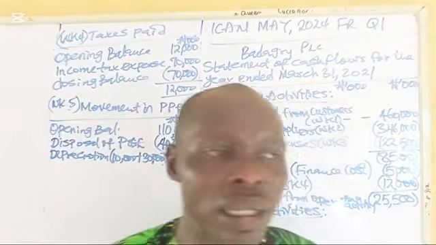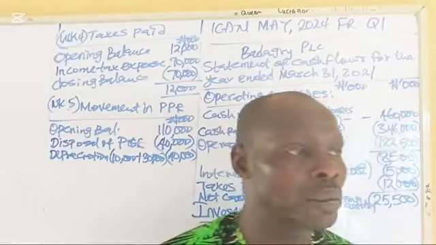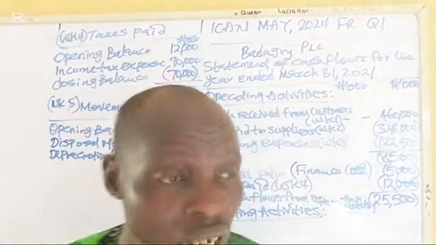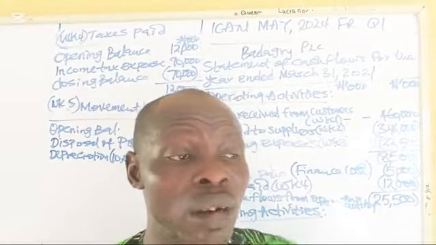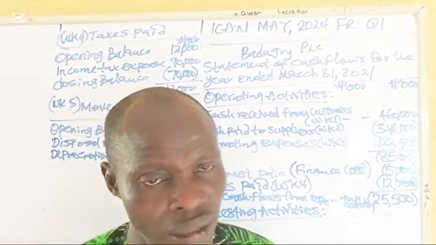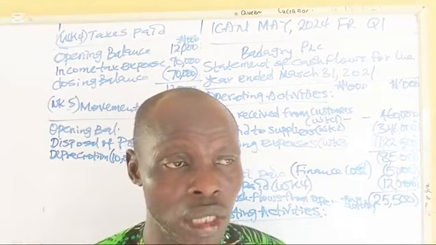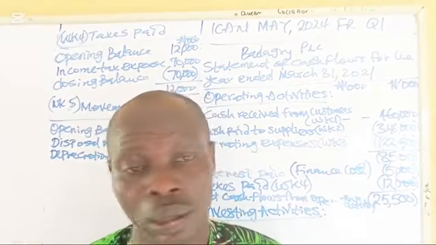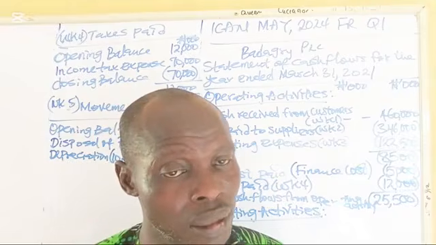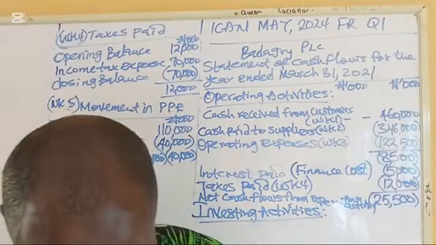In a prepared statement of financial position, depreciation will have been charged before you arrive at the carrying amount that will appear in the financial statement. This is not a trial balance. Hope that is taken. Yes, sir. Thank you. Okay.